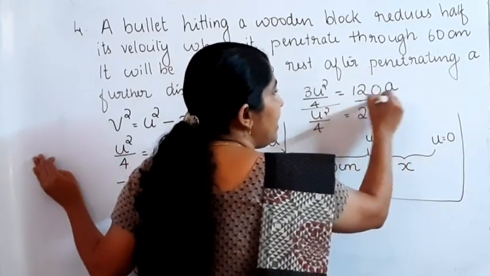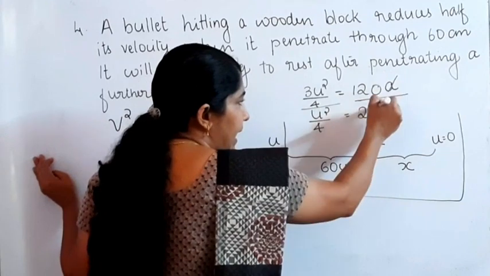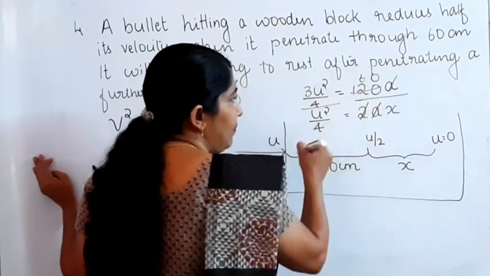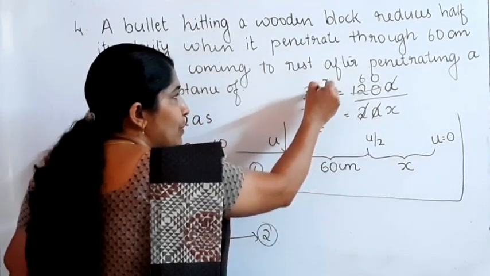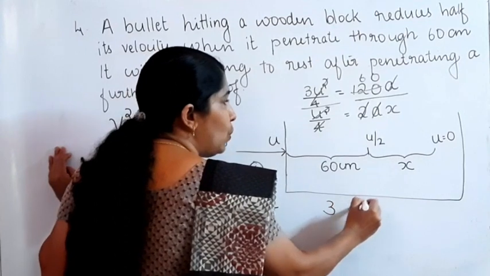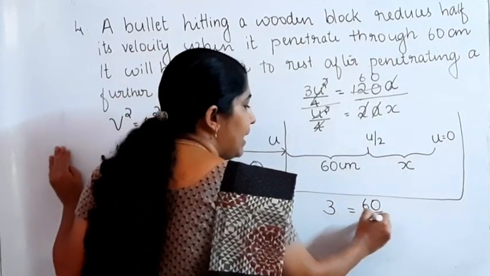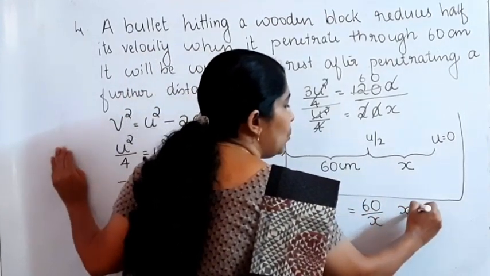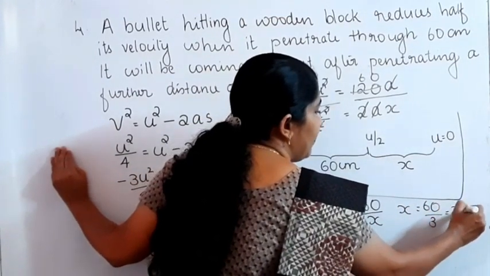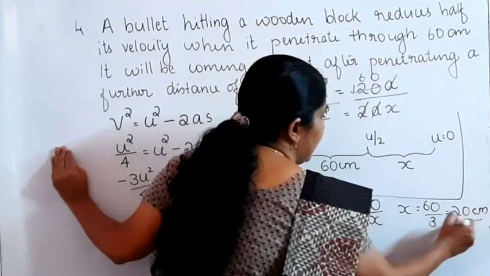On dividing these two equations, a gets cancelled, 2 cancels into 120, that is 60, and u square by 4 gets cancelled. Therefore, 3 equal to 60 divided by x. Then x is equal to 60 divided by 3, which is equal to 20 centimeter.